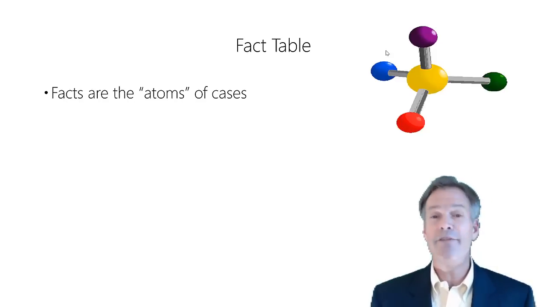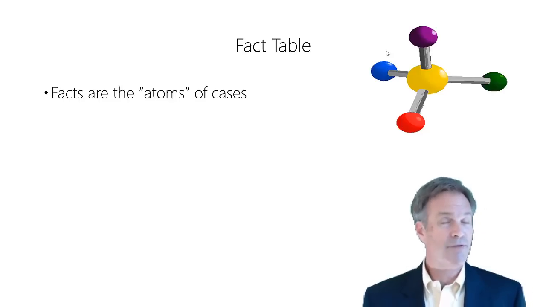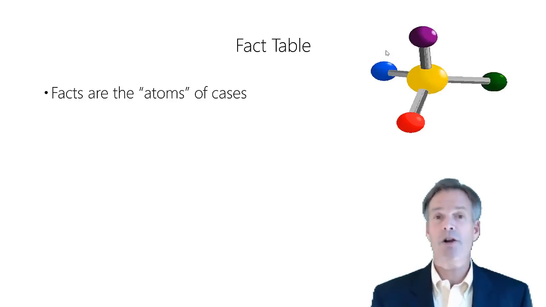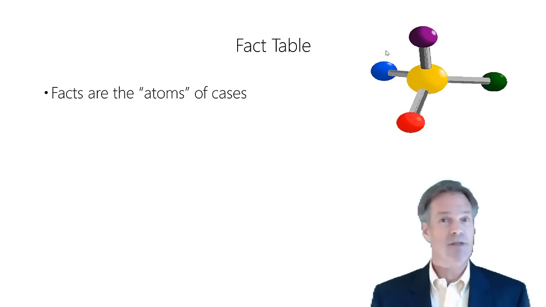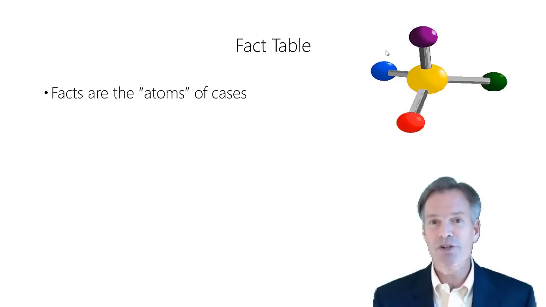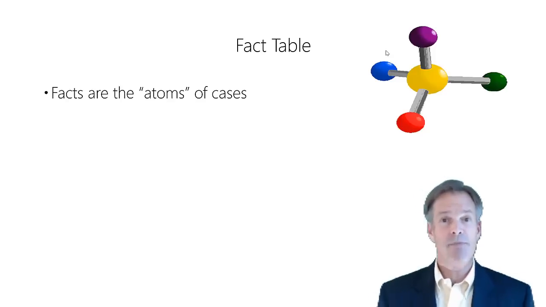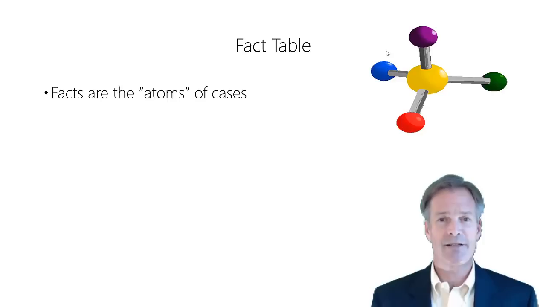The state of impairment of the drivers, where the drivers were before the accident, what cars they were driving, the speeds of those automobiles, whether the brakes were functional on those automobiles. I could go on, but the simple point is this. Every case is built up of fact upon fact upon fact.